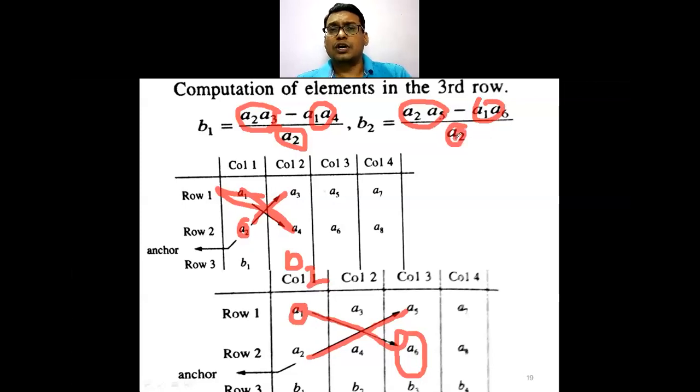So this is how we calculate the elements of the third row, that is B1, B2, B3, B4.